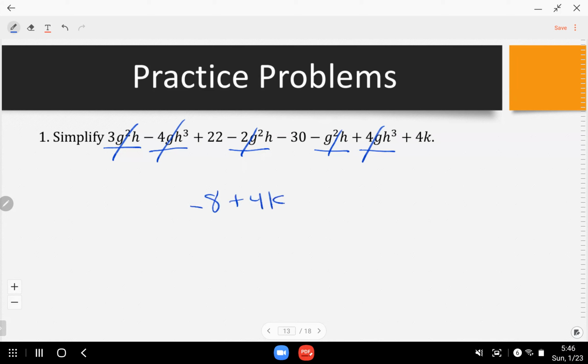We're done. It's actually very easy, right? So don't let all of these big mathematical statements seem very daunting, right? They're not that scary, okay? A lot of these terms cancel out. And just a little, I'm going to make a note here. Negative 8 plus 4k is correct.